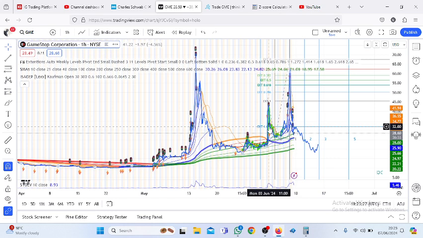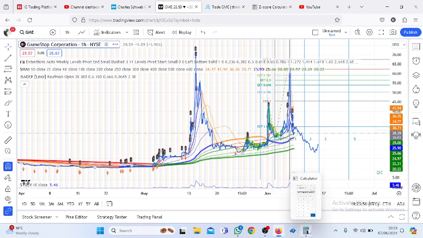The standard deviations are so volatile. This goes all the way back to, I want to believe, Friday the 31st of May. That's a week ago. So we have 22.75, and the standard deviation is 0.3527.